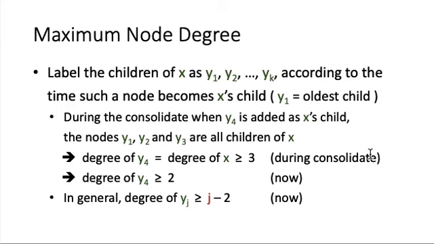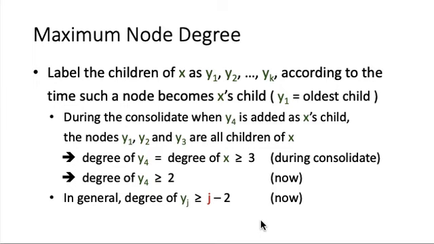This is the rule of consolidation, right? And at that time, the degree of x is at least 3. So the degree of y4 is at least 2 now, because it may lose one child during the time from consolidation to now. And in general, the degree of yj will be greater than or equal to j minus 2.